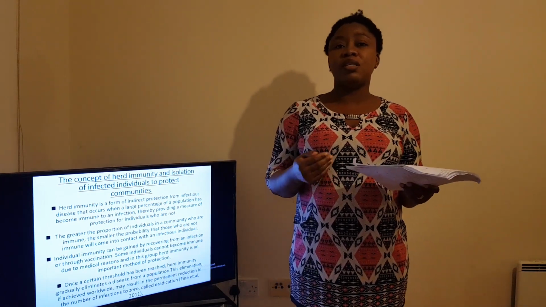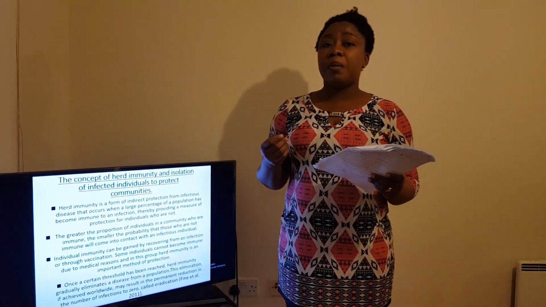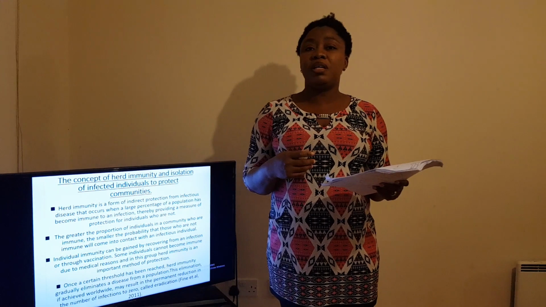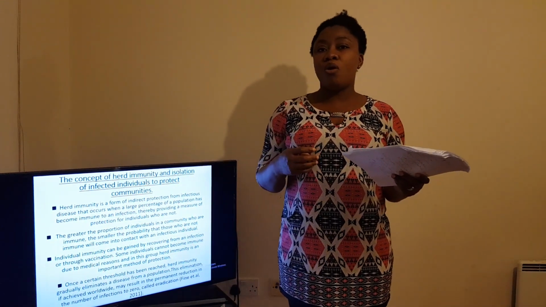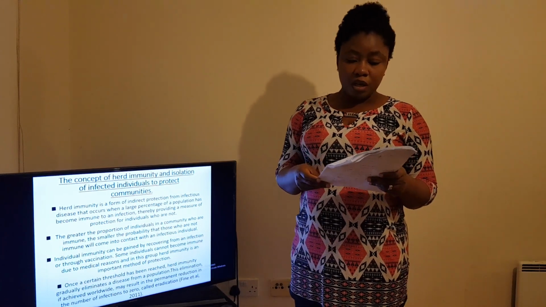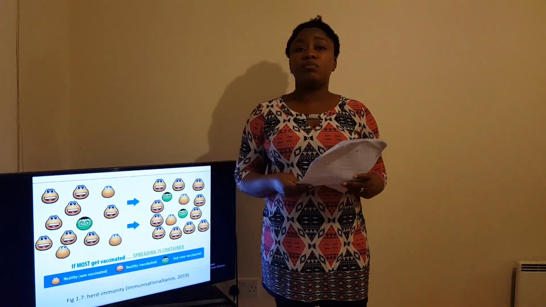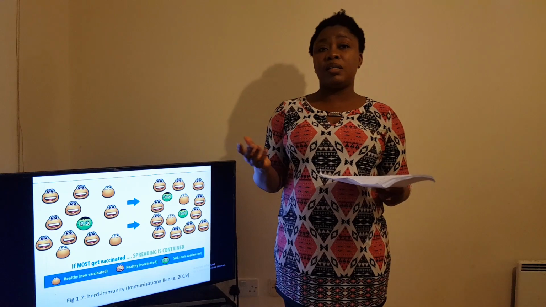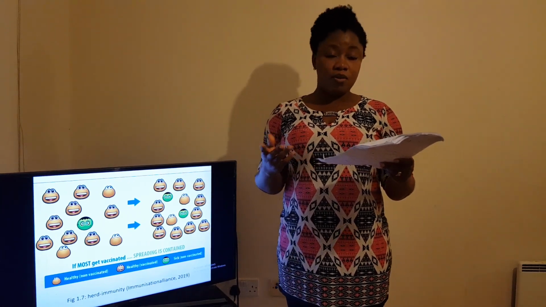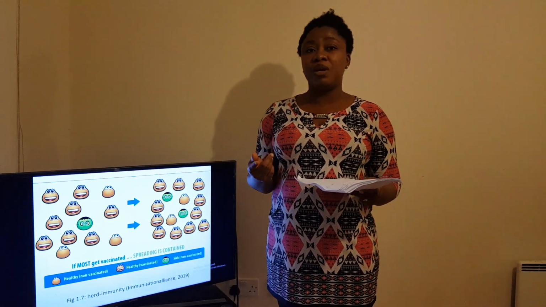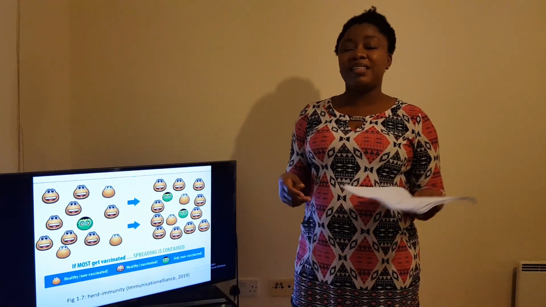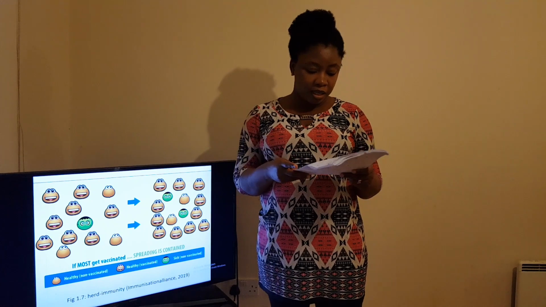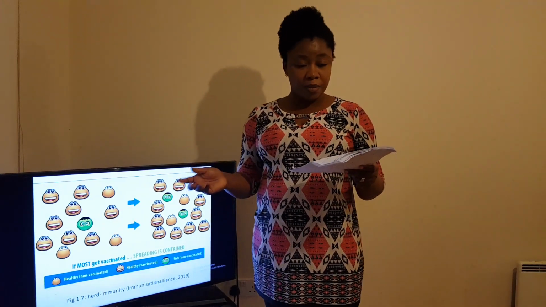If this elimination is achieved worldwide, it may result in a permanent reduction in the number of infections to zero, called eradication. And there's a picture, just an animation of herd immunity, if most people get vaccinated. It shows the outcome of such herd immunity.